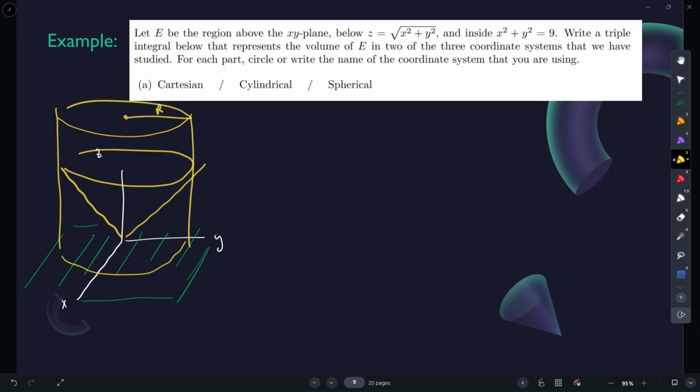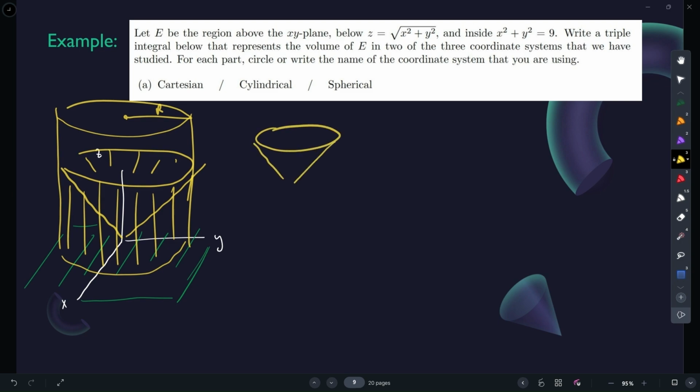Okay, so all in all, what I have is that it has to be this region here and inside, above the xy plane and below that cone. So it is a region like this in space. Okay, so it goes like this.